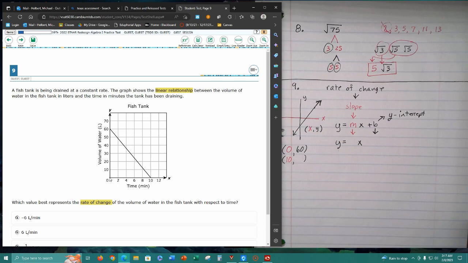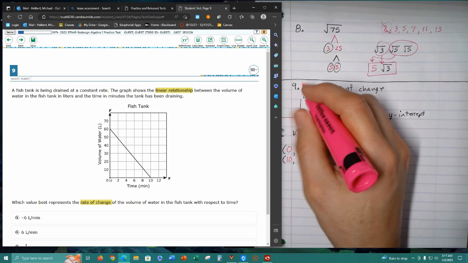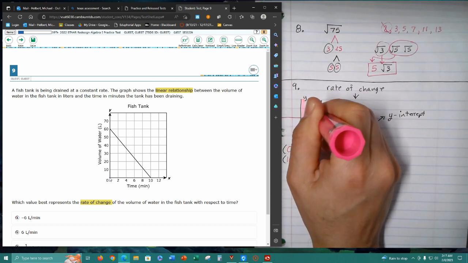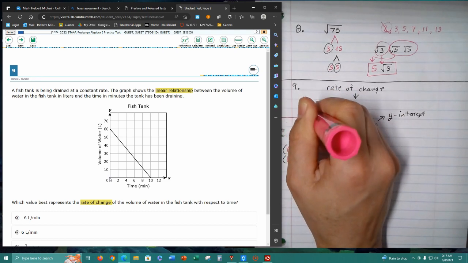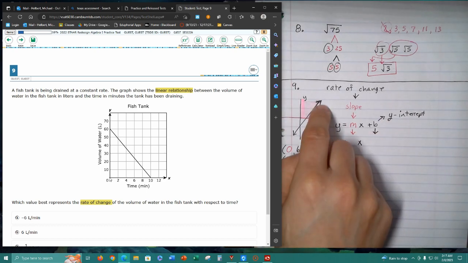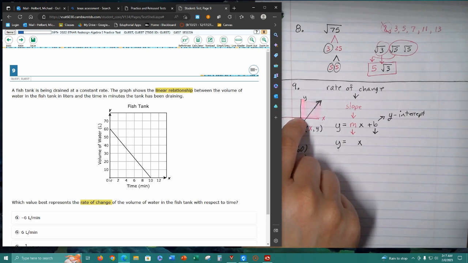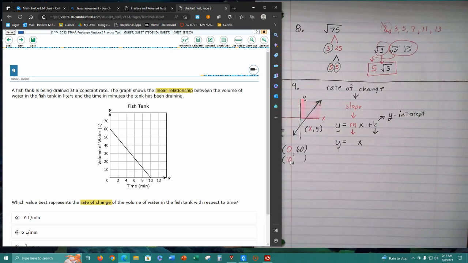So just to give you an idea of what's happening here, if this was my graph right here, what they're doing is they're just showing you this one quadrant right here. So this is just quadrant 1. So instead of them showing you a graph that has 4 quadrants, they just took this one little corner out, and that's why that point over there is 0, 0. And so I'm going to say this is going to be 10 for the x value and 0 for the y value.